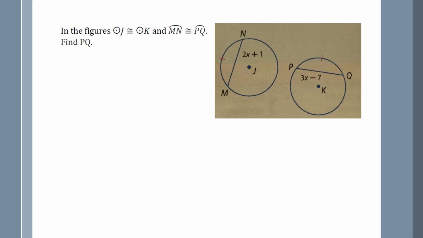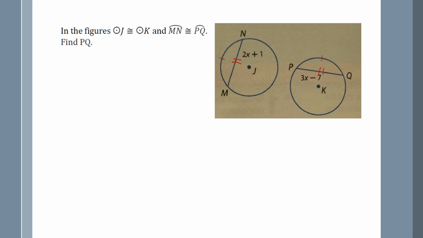Okay, in these two figures, circle J is congruent to circle K, and arc MN is congruent to arc PQ. So we want to find the measurement of PQ. Well, since those two arcs are congruent, these two segments are congruent.